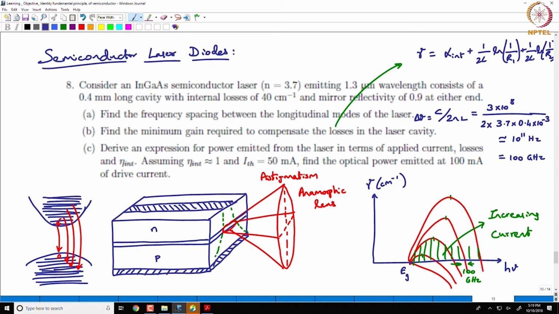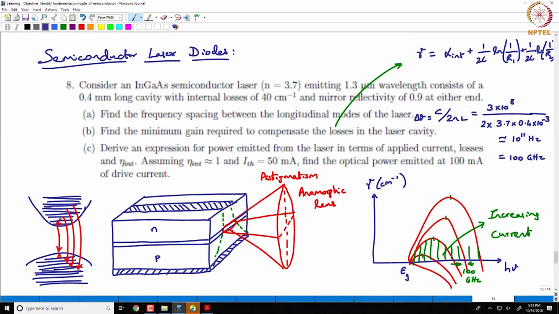So, I can actually say overall it is 1 over L into ln of 1 over R. That is reflectivity is given as 0.9. So, you can plug that in and you can find that answer.